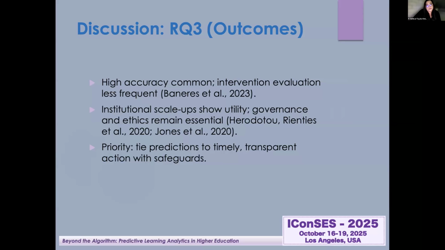However, ethical considerations are still limited, though essential. So priorities should be given to connecting learning predictions to timely, transparent actions with safeguards.